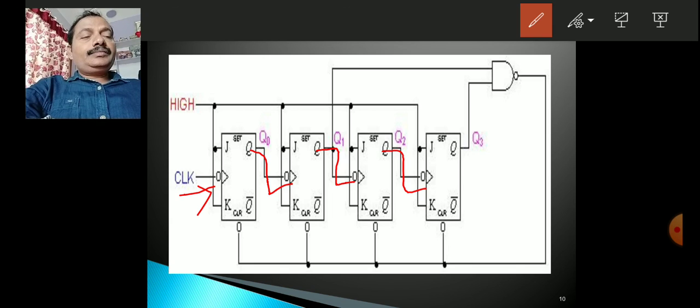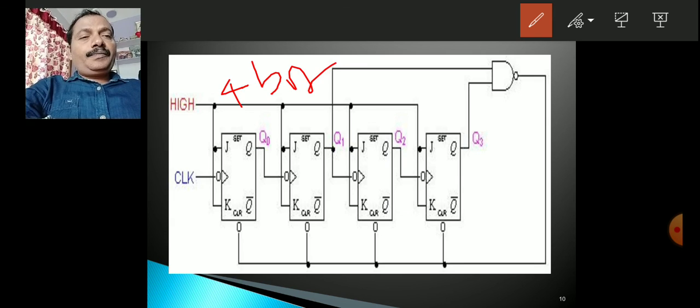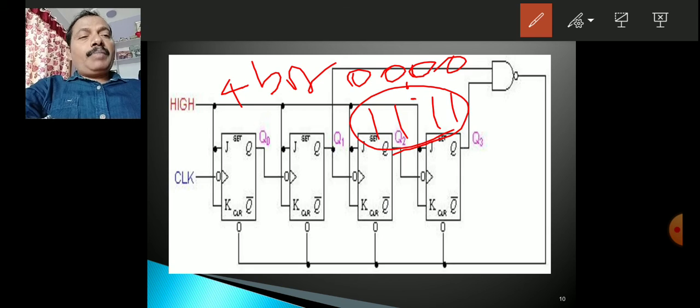The important point to remember is that because this is a 4-bit asynchronous ripple counter, it will automatically count up from all zeros to all ones: 0000, 0001, like that, up to 1111. But we don't want the counter to count from 10 to 15, because I want counting from 0 to 9 only.